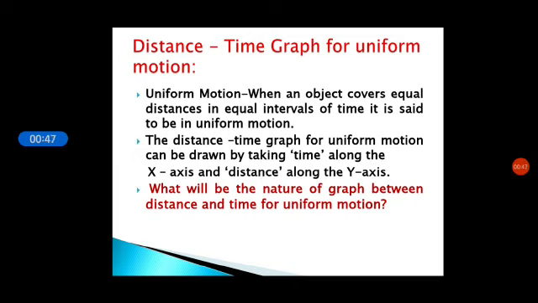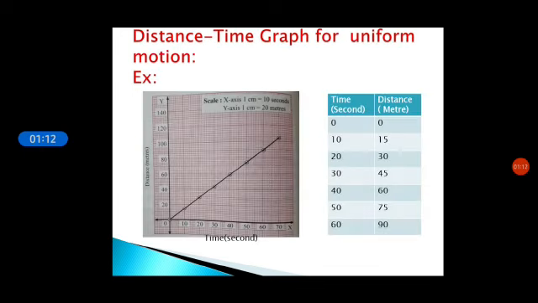What is uniform motion? We have learnt in the last video that when an object covers equal distances in equal intervals of time, it is said to be in uniform motion. When we plot a graph between distance and time for uniform motion, what will be its nature? Let us understand it from an example.